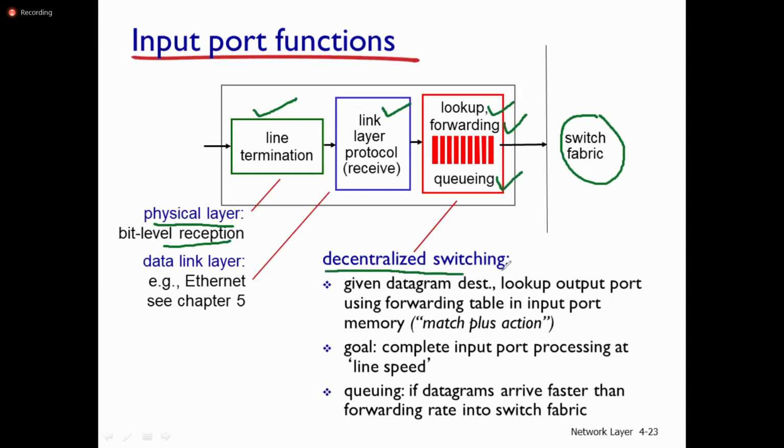For a given datagram destination address, lookup the output port using the forwarding table in the input port memory. So by looking at the lookup table, it passes that particular datagram to the concerned output.